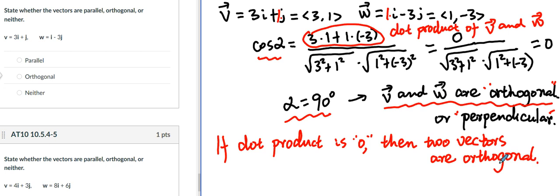That's a very powerful thing. x times x plus y times y. So you see here, 3 times 1 plus 1 times negative 3. So in this case, we know vector v and vector w are orthogonal.